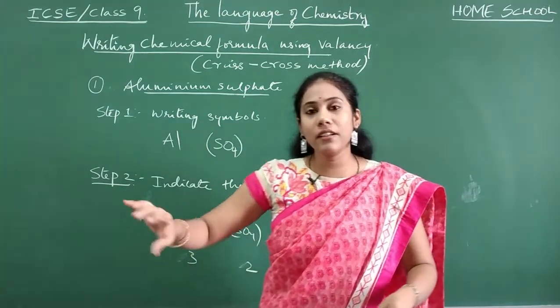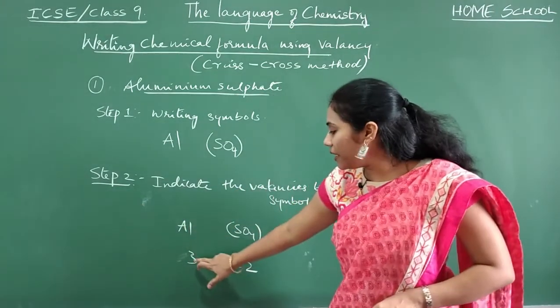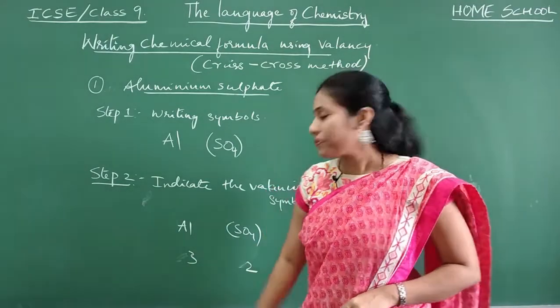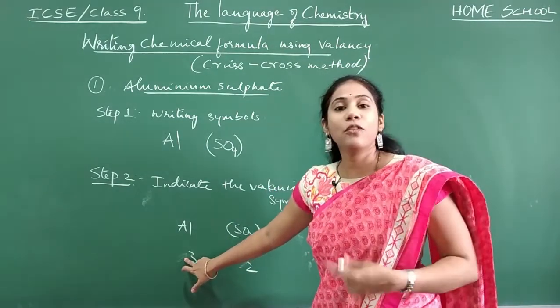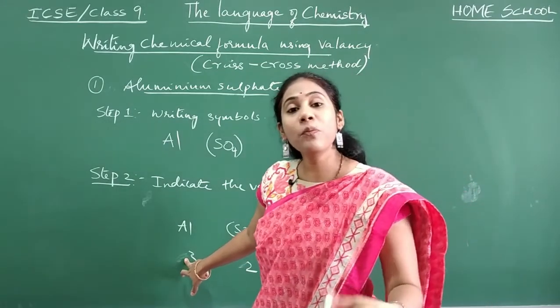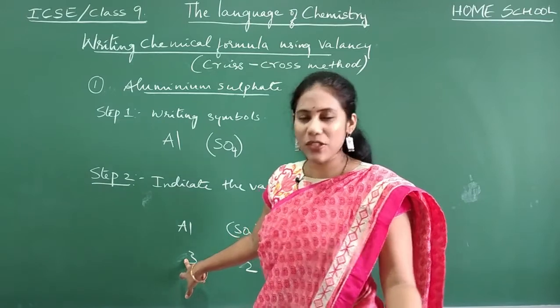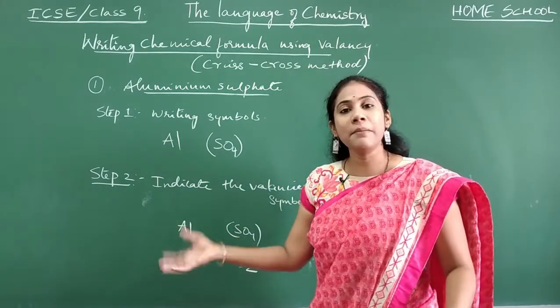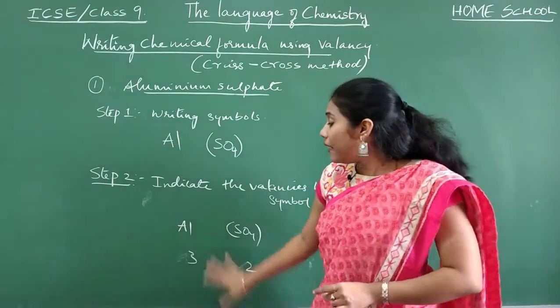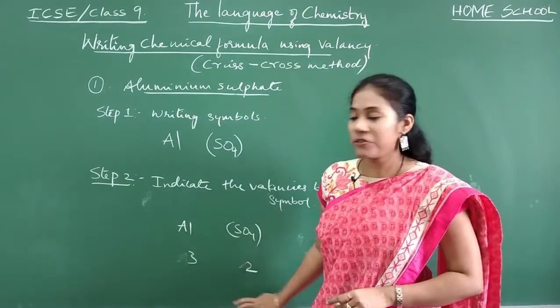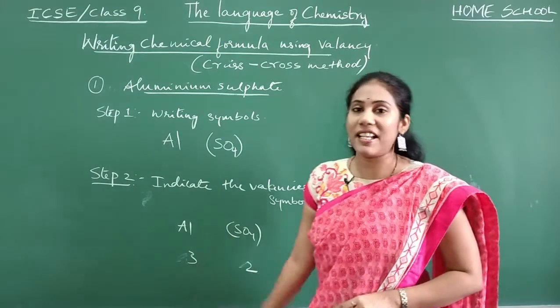Plus means this particular aluminium has lost 3 electrons during a chemical reaction. Whenever I put +3, it means the aluminium will lose 3 electrons during a chemical reaction. So plus and minus meanings are entirely different, but here you will not be using any signs. Just indicate the digit of the valency.